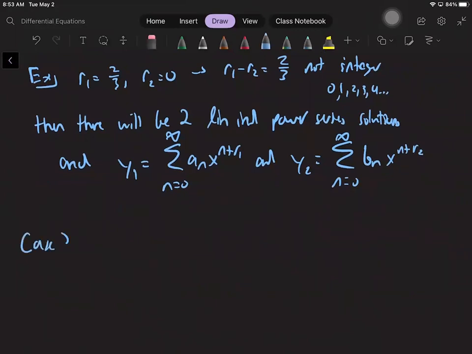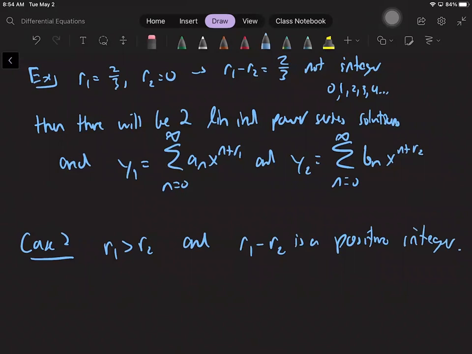So case 2. I'll call R1 the bigger one again. If this time it is a positive integer, so that was the example we didn't do, like R1 being 1, R2 being 0, then R1 minus R2 is 1, a positive integer.